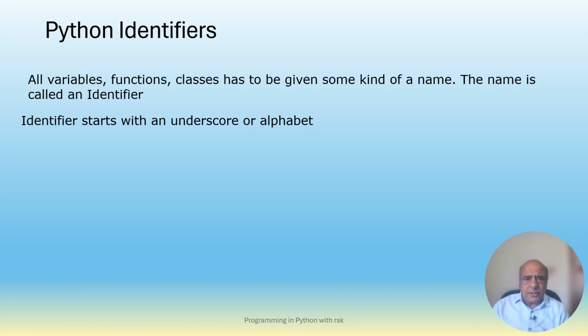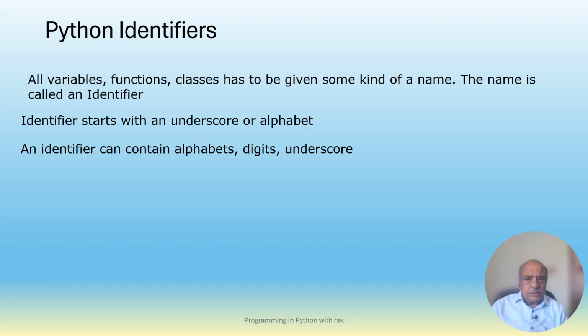There are certain rules by which identifier names are to be created. The first rule is any identifier must start with an underscore or an alphabet. We cannot start an identifier name with a digit or any other special character except underscore. And an identifier can be constructed using alphabet, digits and underscore only.